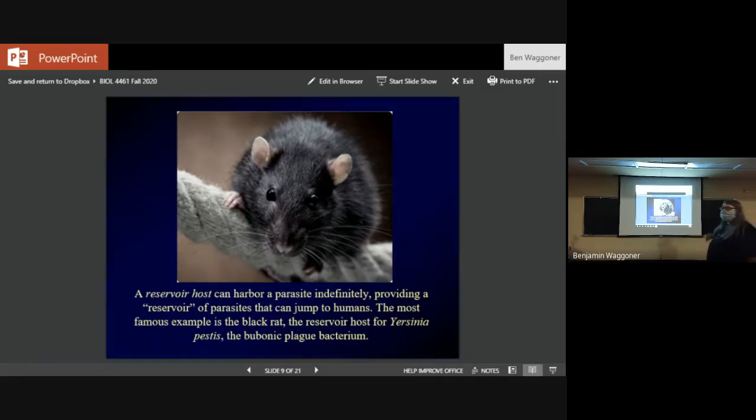You can also have what we call a reservoir host, and this is important not just in parasitology, but in public health and bacteriology as well. It might have been drowned out by the news about the coronavirus, but you might recall that maybe last month, we had a few cases of bubonic plague in the western United States.